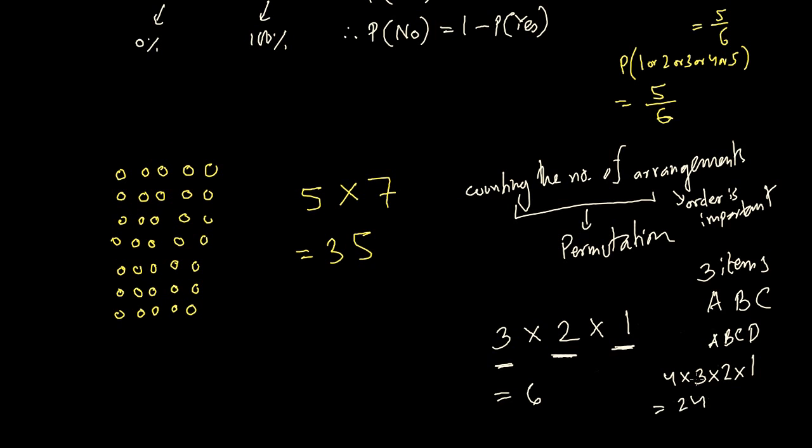There are 24 ways. There is a special name for this, and we write this as 3 multiplied backwards till you get 1. It's 3 with an exclamation mark. This exclamation mark does not mean 3. No, it means 3 multiplied backwards till you get 1. So you don't have to express excitement or something, though exclamation mark usually means that.